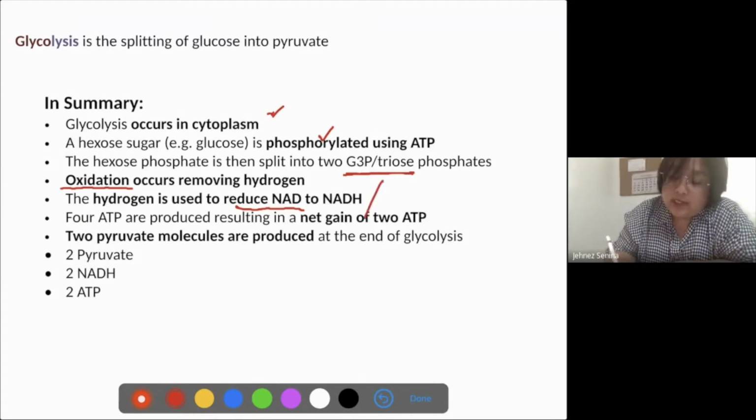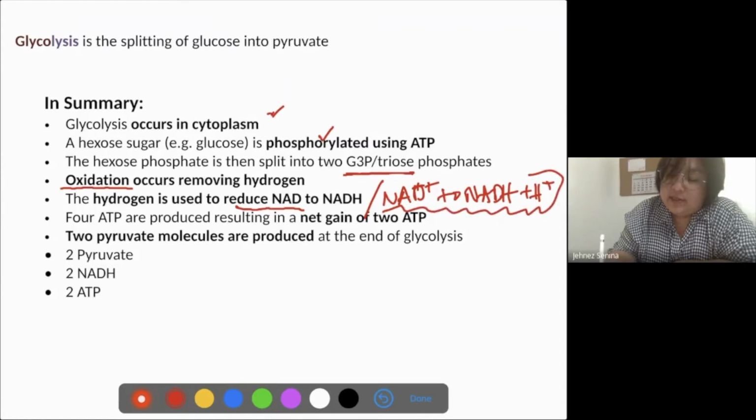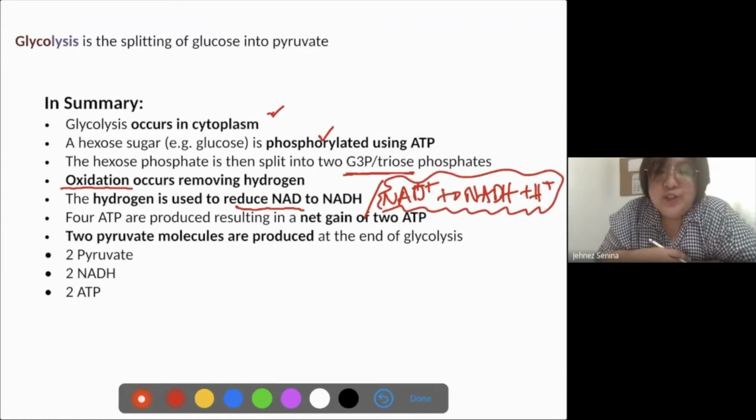You can also write NAD plus 2 NADH plus H plus. Maybe memorize this. You are amazingly smart students. This was super simplified; this is how the book wrote it also. Reduced NAD. You're chemistry students, you can memorize NADH plus H plus.